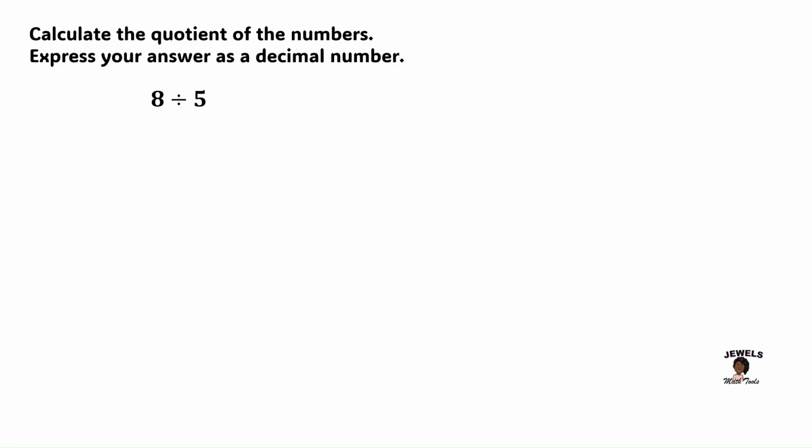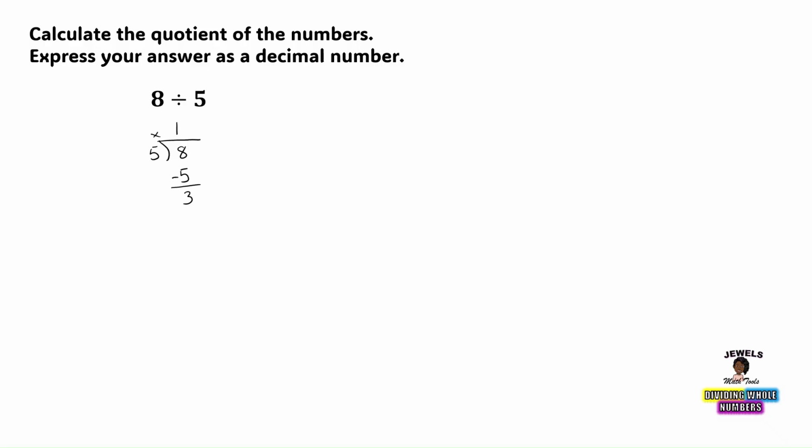And for our last example, we're dividing our 5 into 8. 5 divides into 8 once. 1 times 5 gives us the product of 5. When 8 subtracts 5, you have a difference of 3.